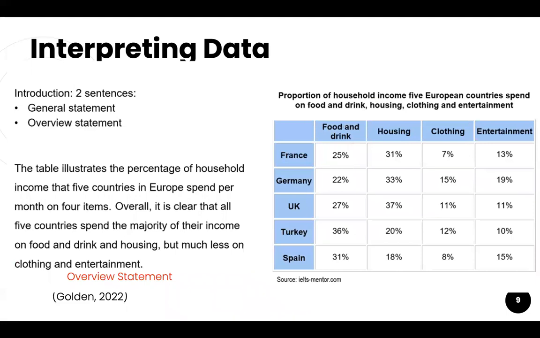But you can see that France, Germany, and UK spend most of their income on housing. Food and drink is just secondary. So notice that. That's the first trend. You can go on looking at the other data, the other trends, I mean. So that's for the body paragraphs, and you conclude with the restatement of the thesis.